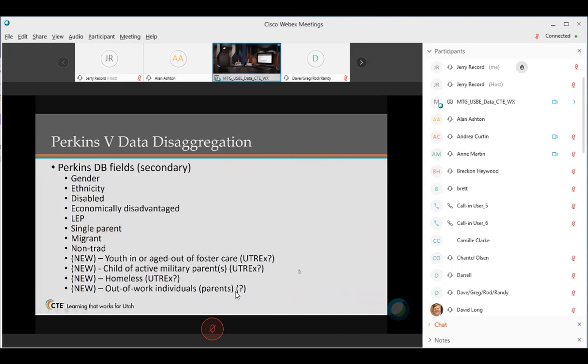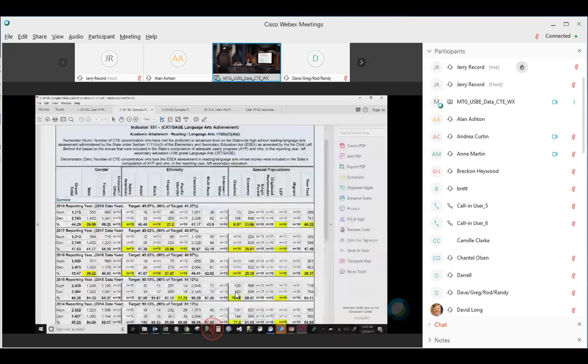Any questions or comments about these categories? There's a question that says, are the post-secondary indicators just for the high school years, or will they be required to gather data after graduation? Post-secondary indicators. I think it's on this disaggregated data.